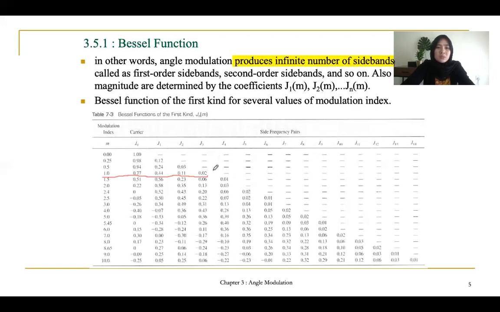This actually means that you have 3 sets of side frequency with the amplitudes of 0.44, 0.11, and also 0.02. Okay, so if you want to draw the frequency spectrum for M equals 1, your frequency spectrum will be something like this.